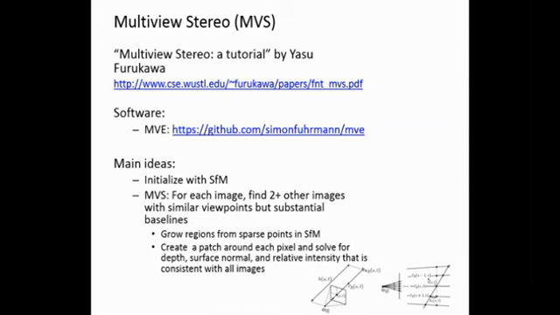Multi-view, because there's more than one camera, stereo, getting depth. So the main difference between multi-view stereo and normal 2-image stereo is that besides having more images, you usually solve for it in terms of patches.